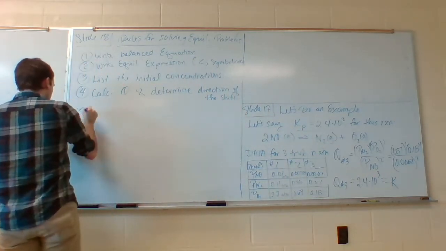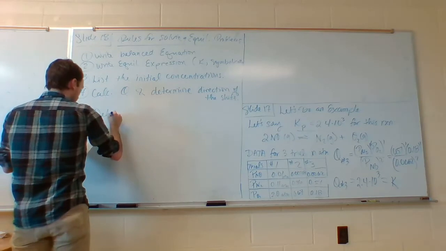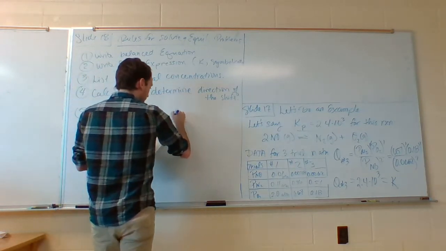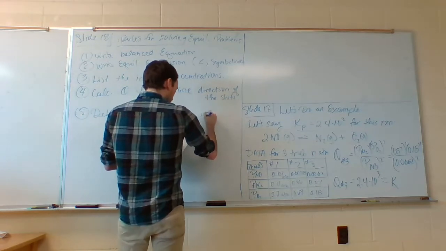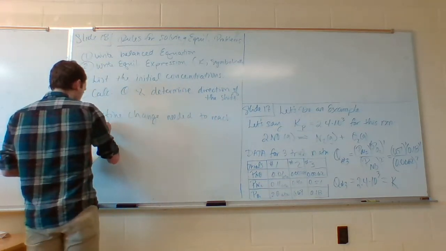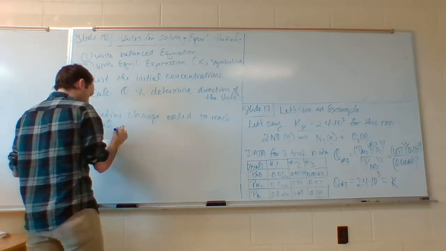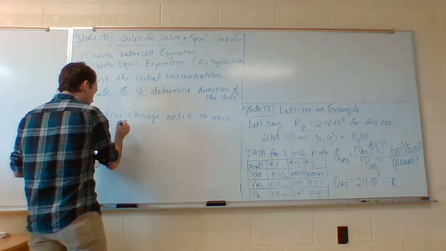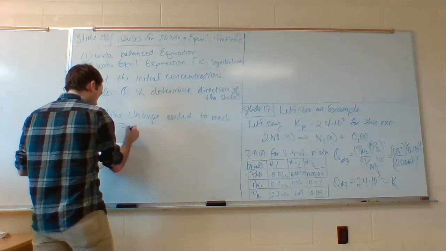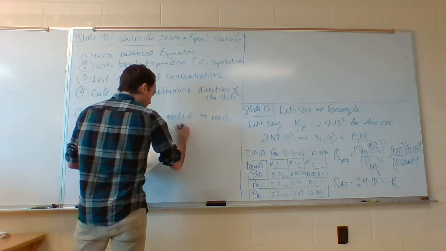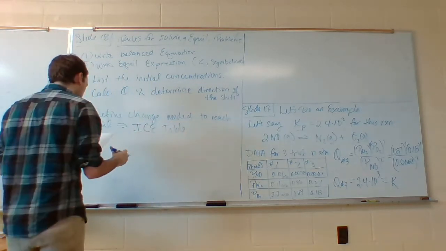Your 5th step will be to define the change needed to reach equilibrium. Okay? And the way that you do that is by something called an ICE table. Don't worry, I'll show you how to do that.